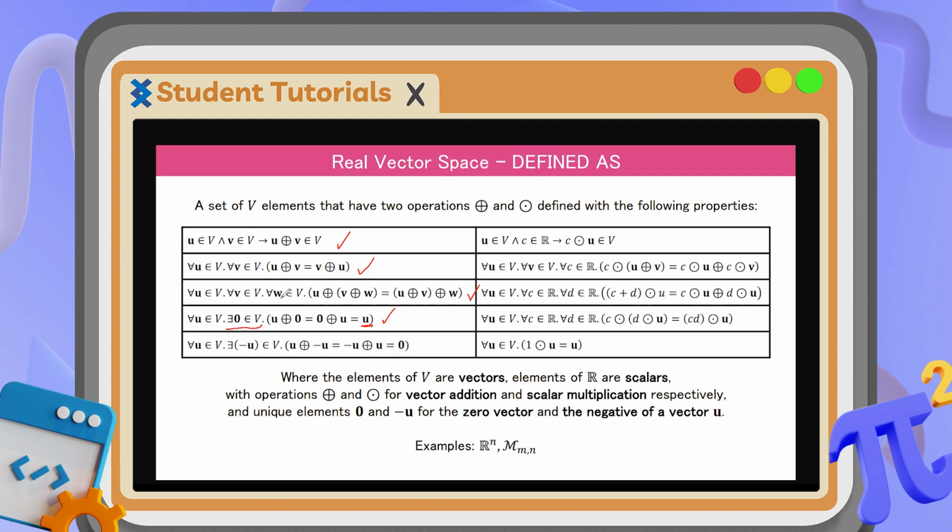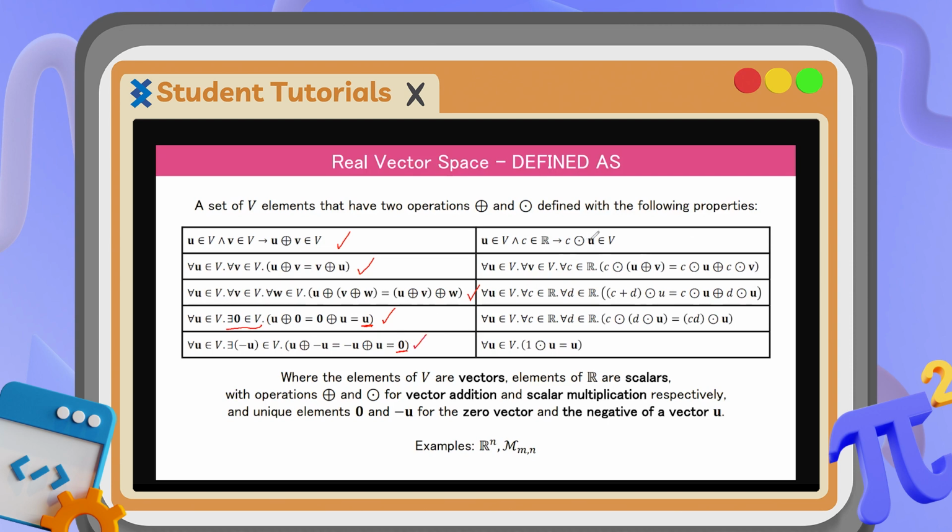So next, we have the negative of a vector. So for all elements U coming from the set V, there exists a negative U vector, wherein applying the vector addition operator to negative U and U, regardless of which goes first, should give you the same answer, which is the zero vector.